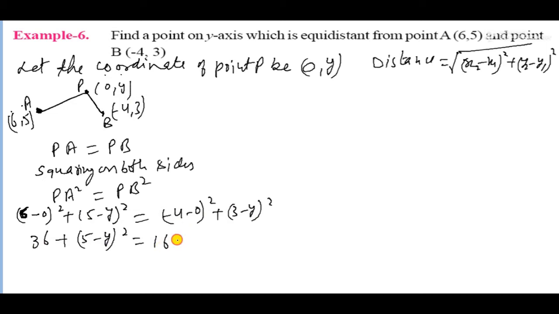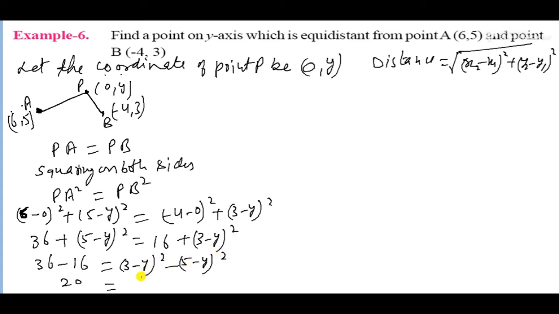So let us see x2 minus x1: 6 minus 0 whole square, plus 5 minus y whole square.